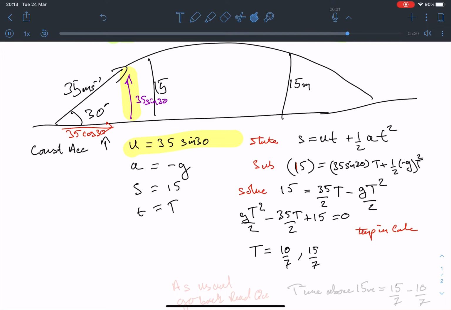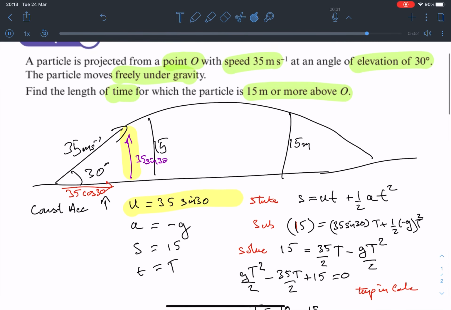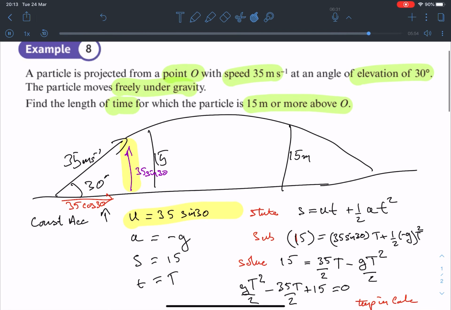Okay, now then, we want the time of height. As usual, go back, read the question. So we've done all that work. We think, well, have I actually answered what was asked? And it says, find the length of time for which the particle is 15 metres or more above zero.